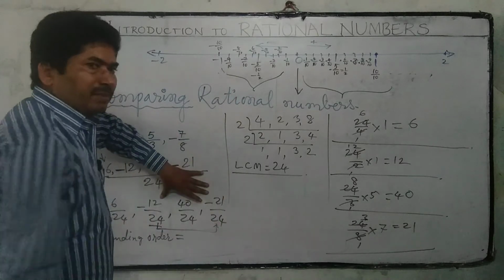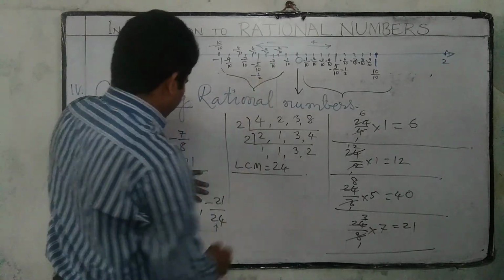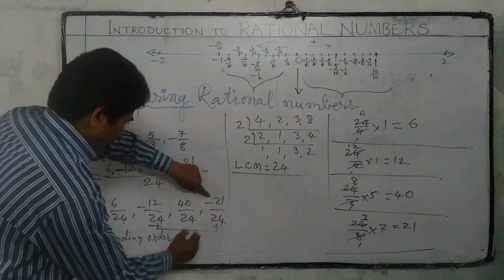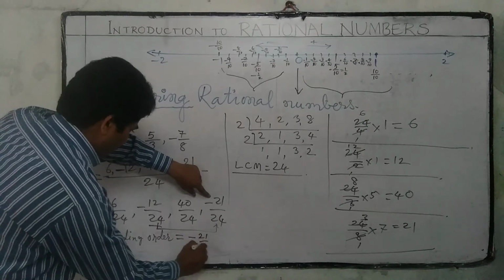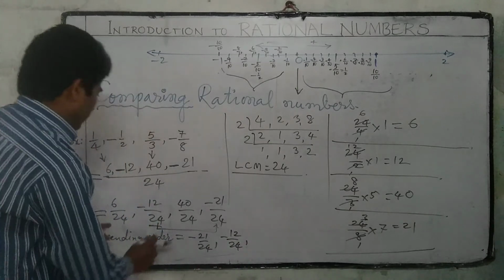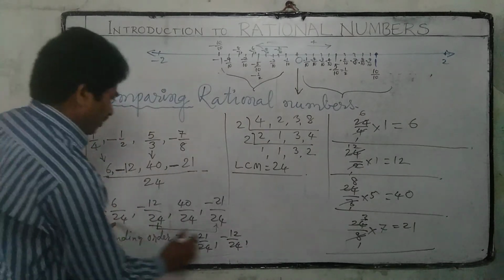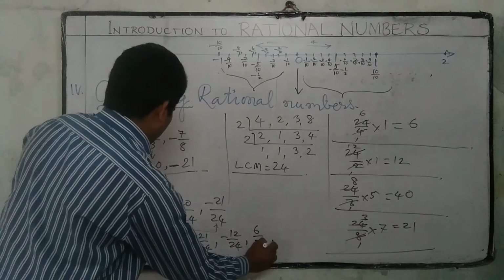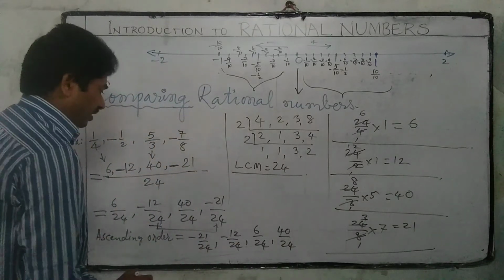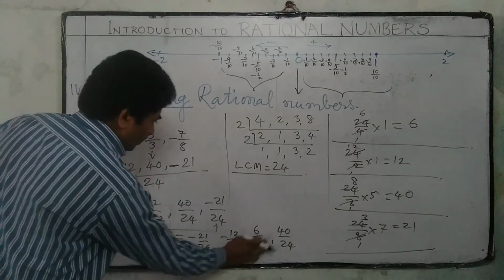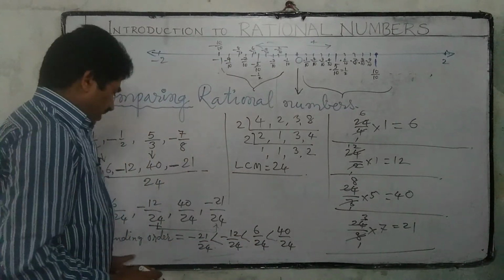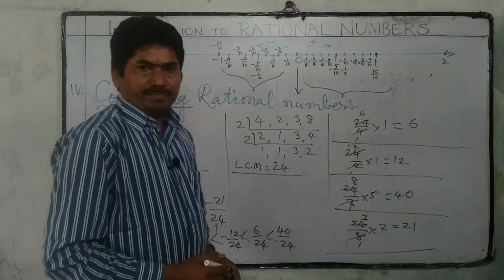Minus 9 by 10 is the smaller. So like this, minus 21 by 24 is the smallest one. Minus 21 by 24. Next, minus 12 by 24. Now 6 by 24, 40 by 24. So this is the ascending order. We can use the less than symbol also. So we can write the descending order easily.